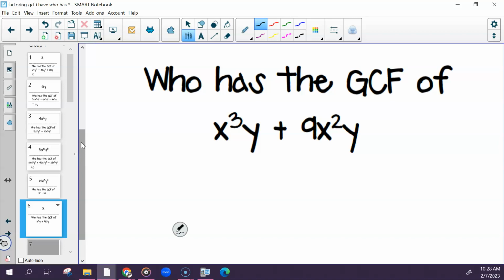X to the 3rd y plus 9x to the 2nd. And Miss Larson, can you grab Sid's card? Let's put it on up here.